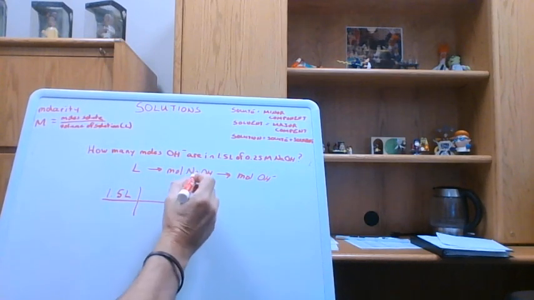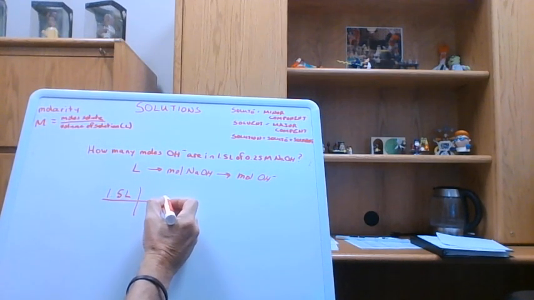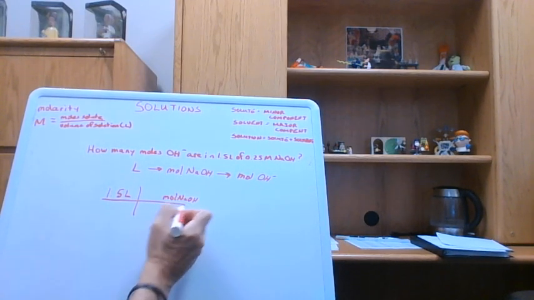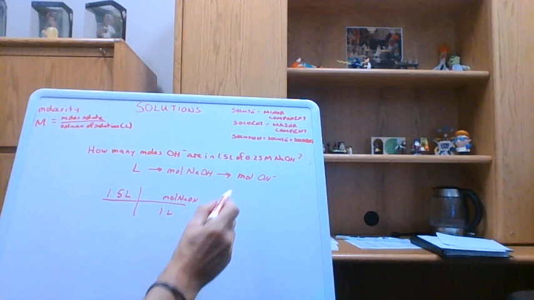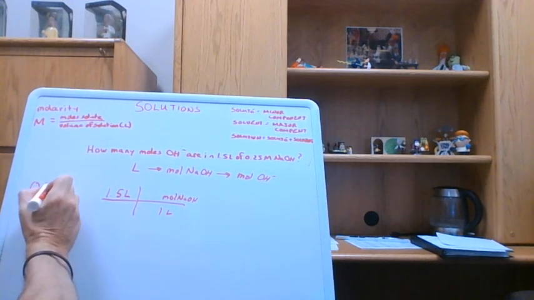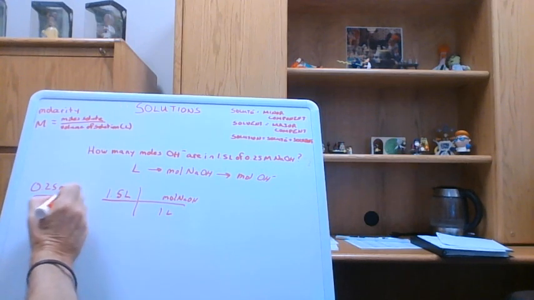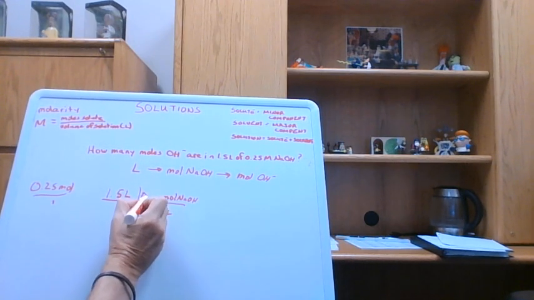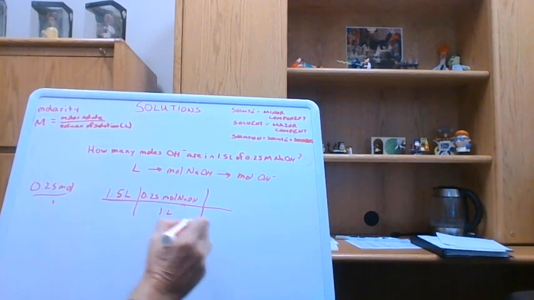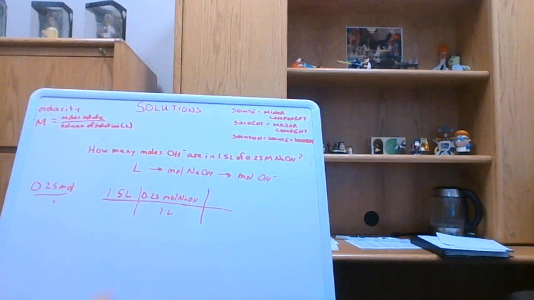The next place we want to go is to moles of sodium hydroxide, so we need to know how many moles of NaOH there are per every liter. And right, our molarity is 0.25, so we have 0.25 moles per liter. Our liter is going to cancel, and that's going to leave us with moles of sodium hydroxide.